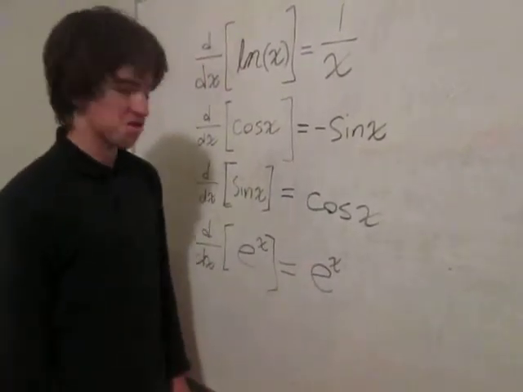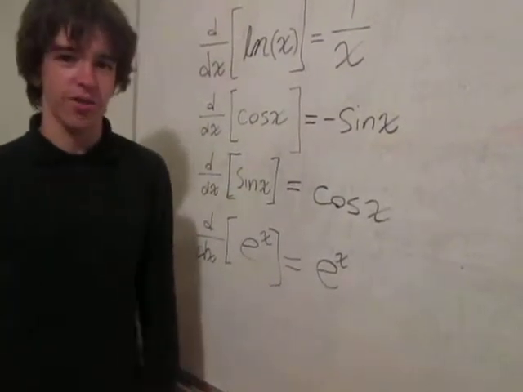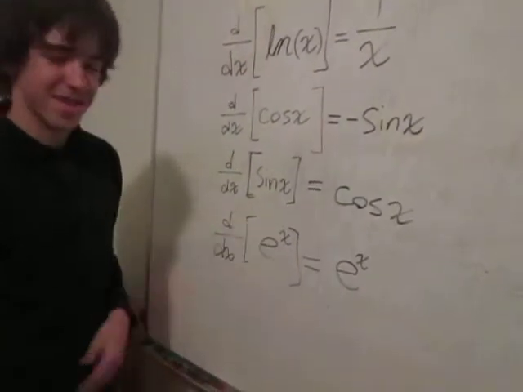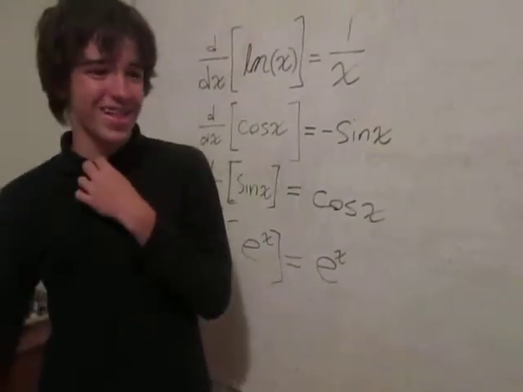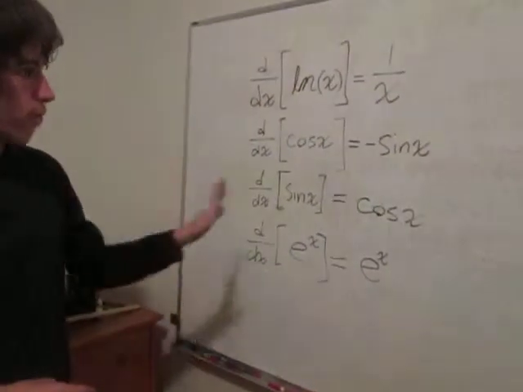It doesn't care what you do to it, it's just e to the x. It can't go anywhere. And that's very useful and is used a lot as well. So these are important things to know for the future.